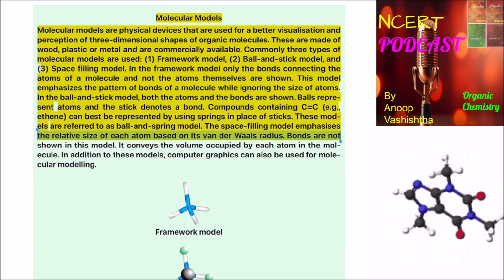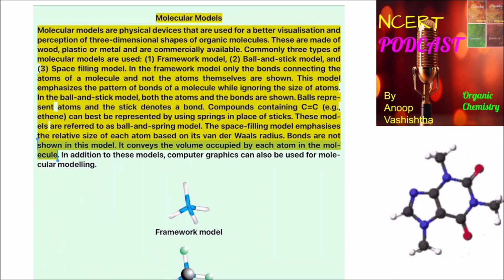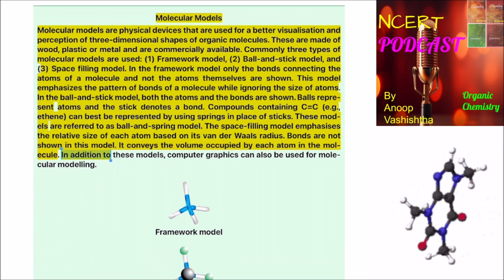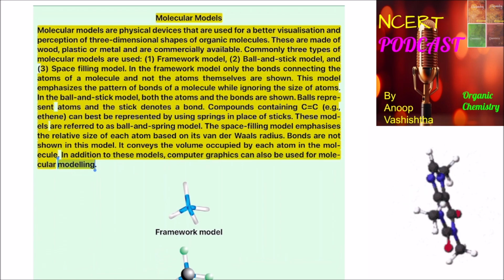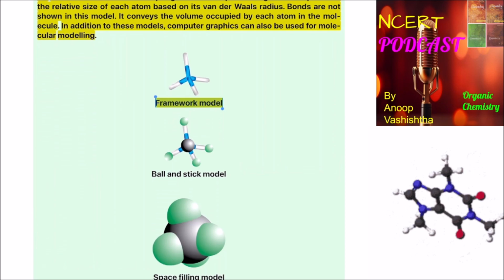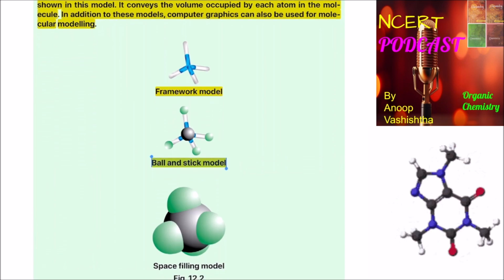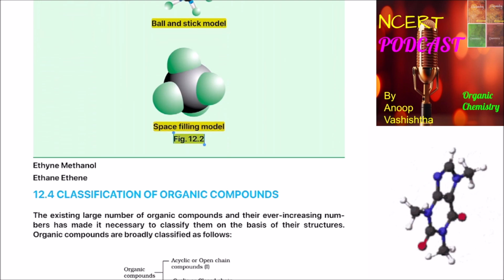Bonds are not shown in this model. It conveys the volume occupied by each atom in the molecule. In addition to these models, computer graphics can also be used for molecular modeling. Framework model, ball and stick model, space filling model, figure 12.2.